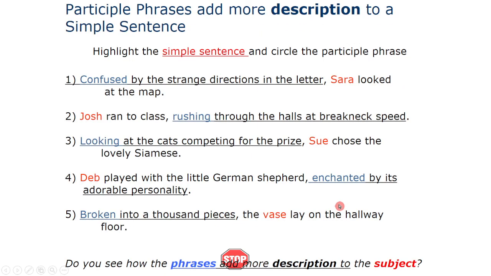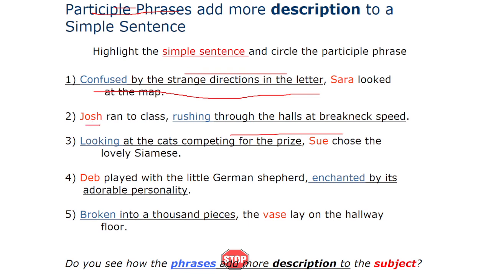Here you can see the different types of sentences. For example, this is a highlighted sentence. Confused by strange directions in the letter is a past participle phrase. Sarah looked at the map. It's a simple sentence.